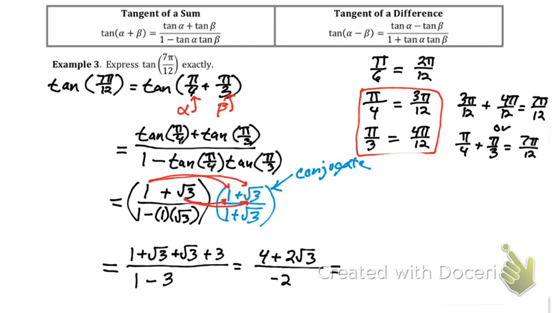Keep going. We can split this apart into two fractions. 4 over negative 2 plus 2 square root of 3 over negative 2, which reduces down to negative 2 minus square root of 3. But realistically, if that looks like a daunting task, this is where most of your points are. Before it's simplified, you get most of your points.